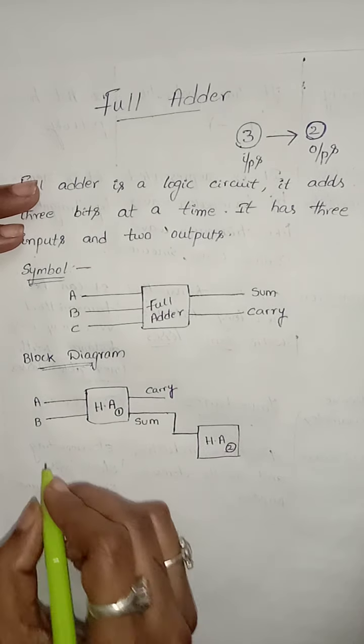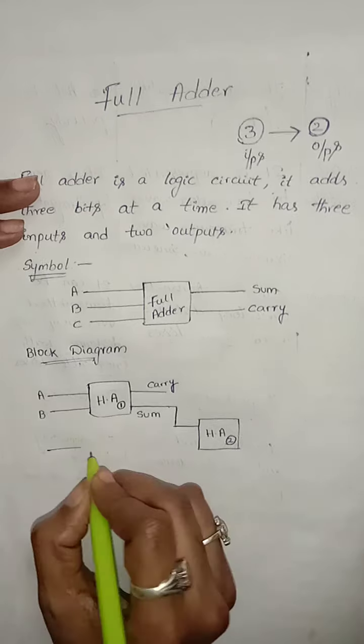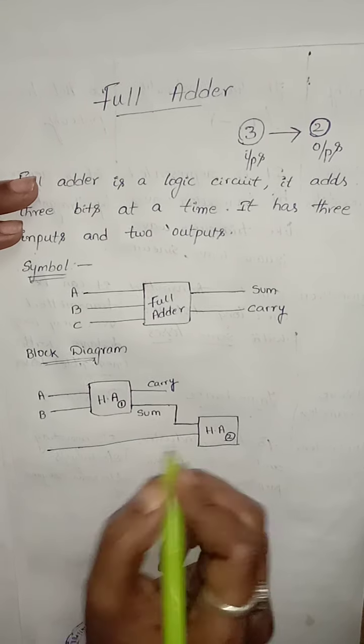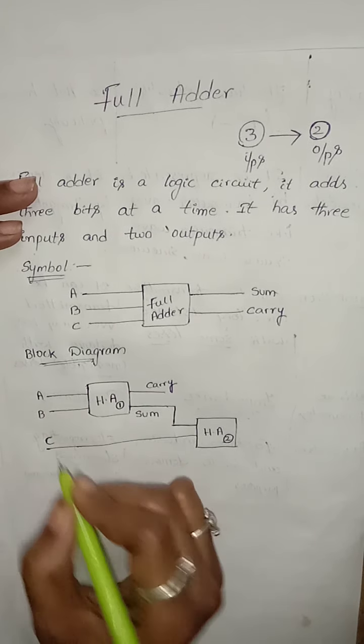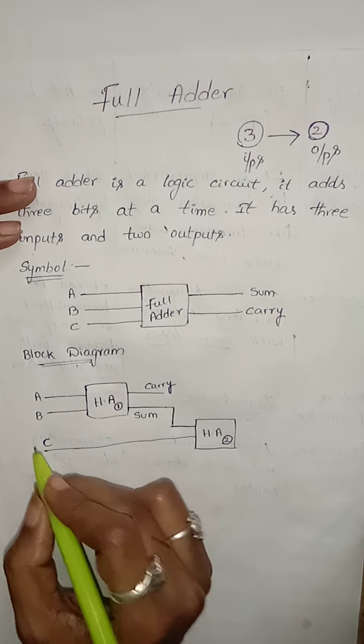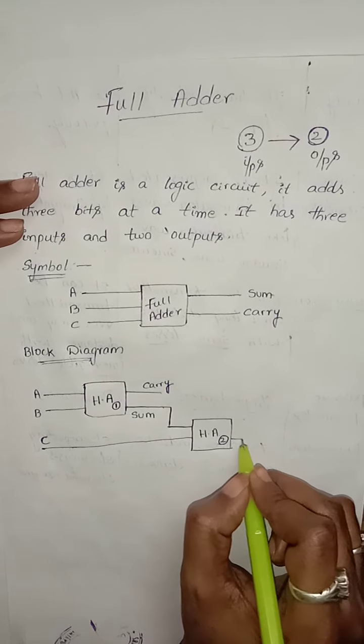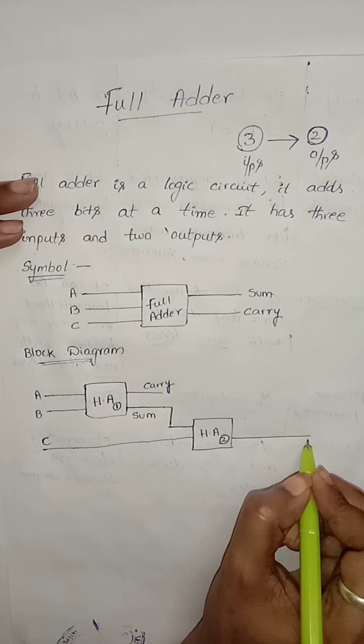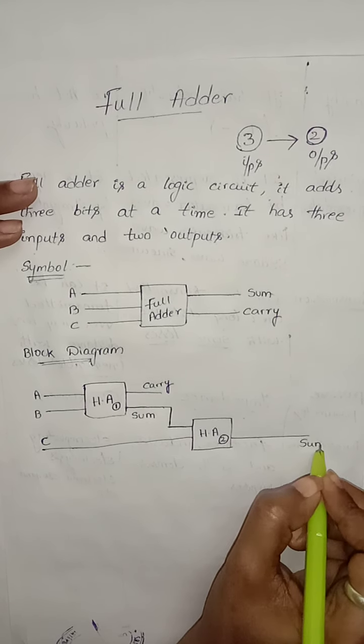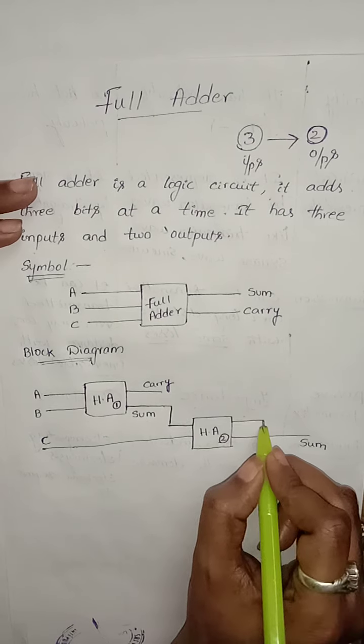Half adder 2. Another input of half adder 2 is named as C. This half adder also gives 2 outputs. One is sum and another one is carry.